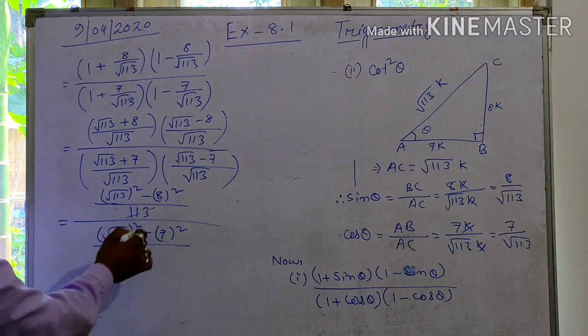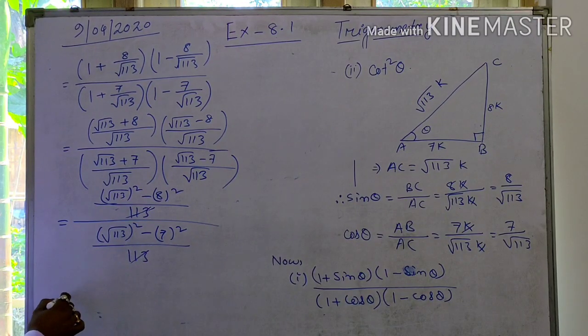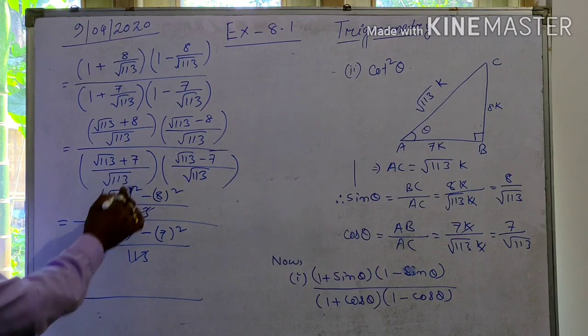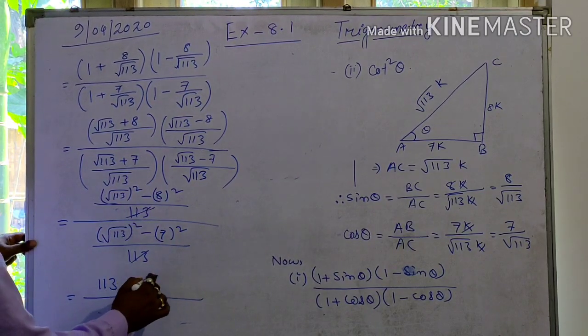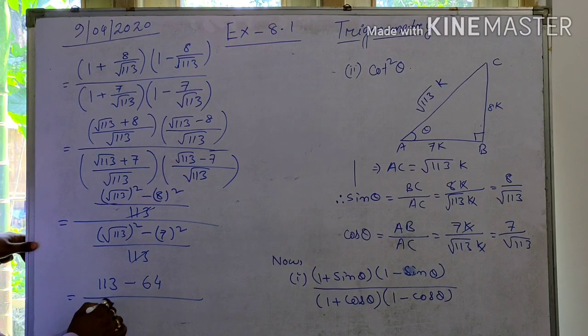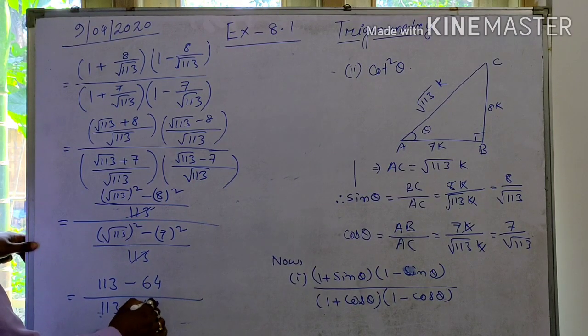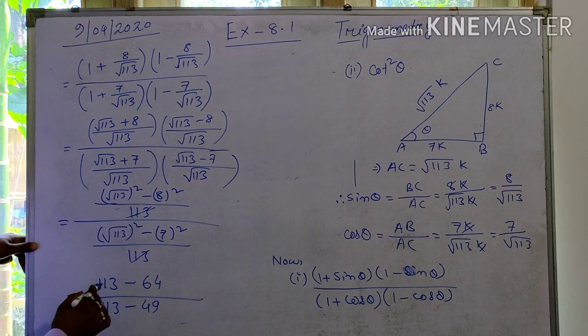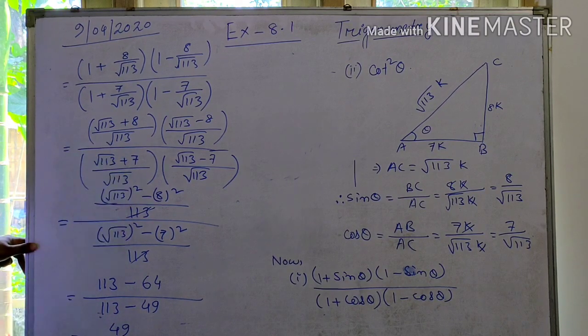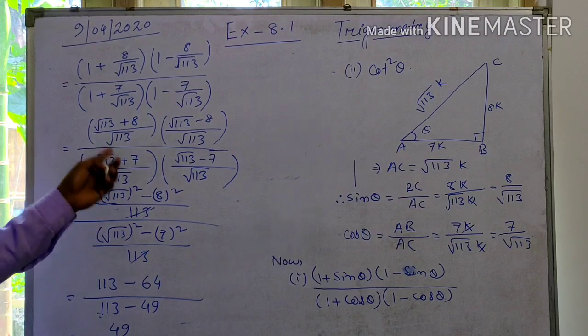So these two cancel. Finally 113 square root squared means 113, and 8 square means 64. Here also you get 113 minus 49. Finally you get 49 by 64. This is the result of question number 1.